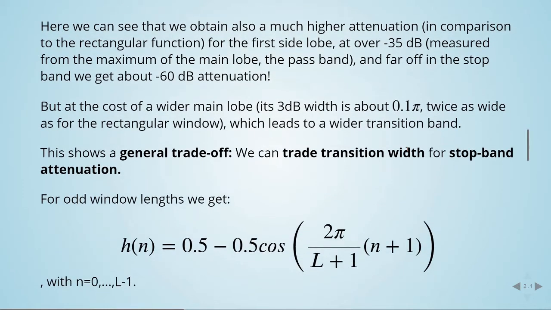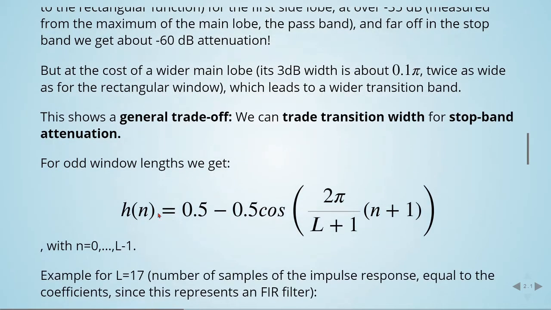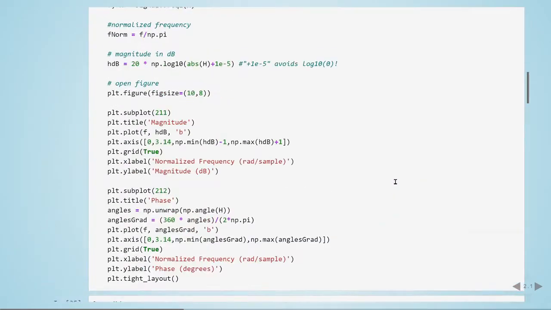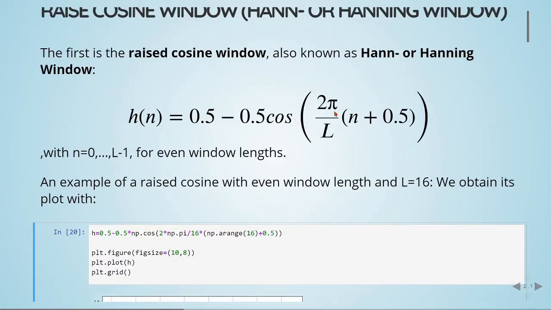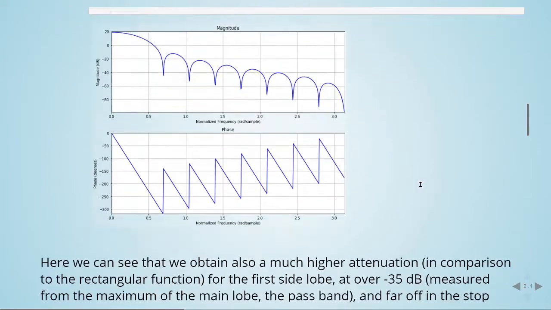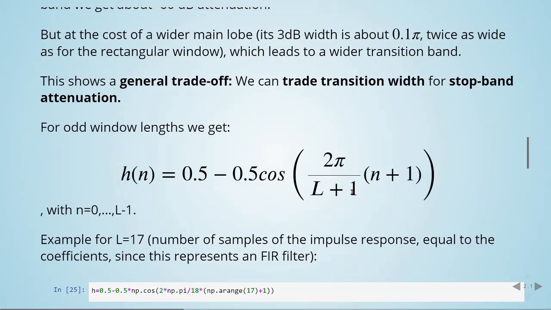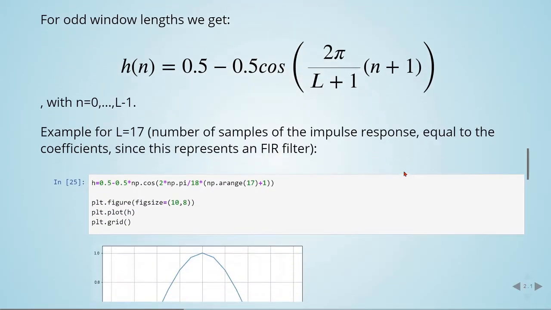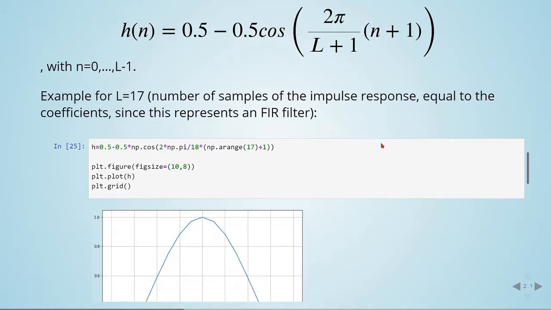For odd window lengths, we have this formula here, and we know there's a difference. It's 2 pi divided by L, and here we have 2 pi divided by L minus 1. So for 17 samples, the number of samples of the impulse response equal to the coefficients, this represents an FIR filter.